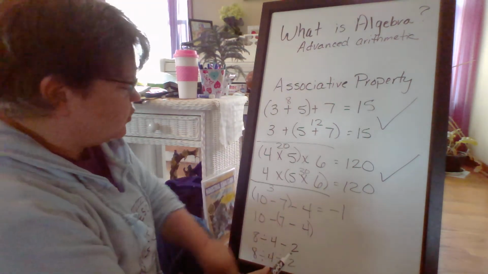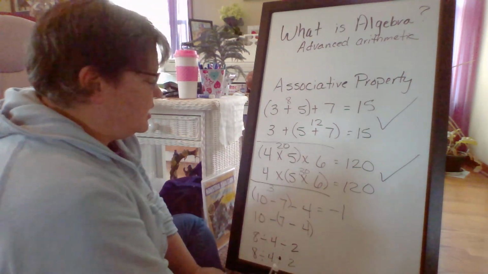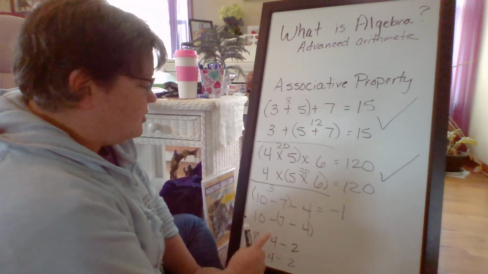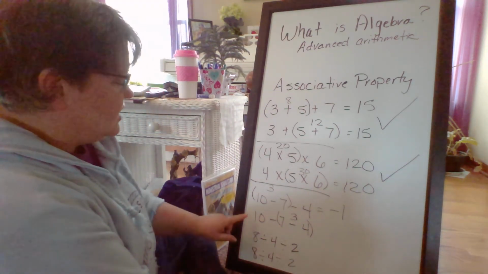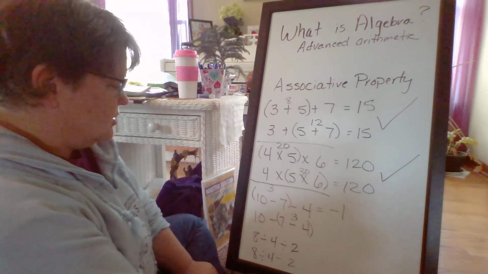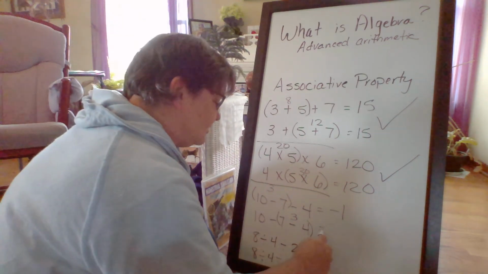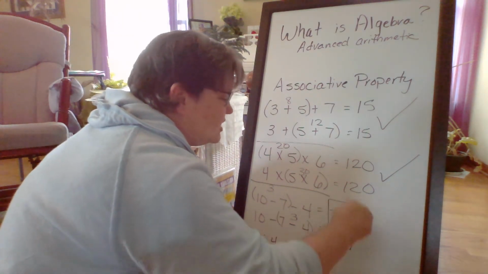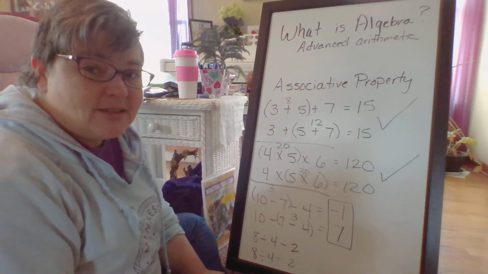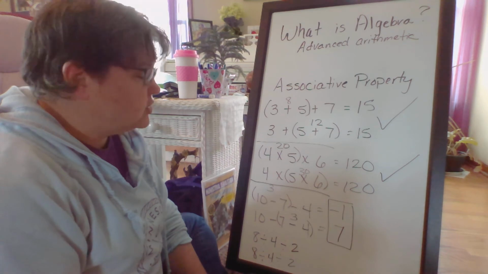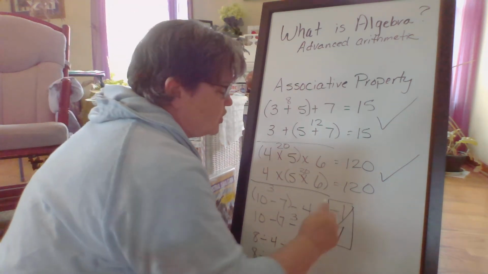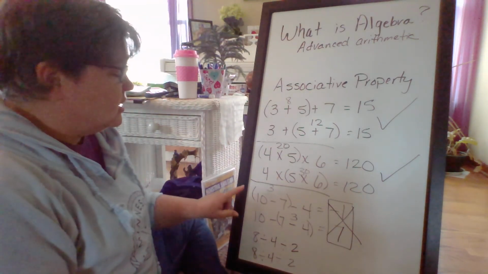Then I look at this one, I'm going to associate the 7 minus 4. Okay, 7 minus 4 is 3. All right, 10 minus 3 is 7. These are not the same. The answer is not the same. So these are not associative.